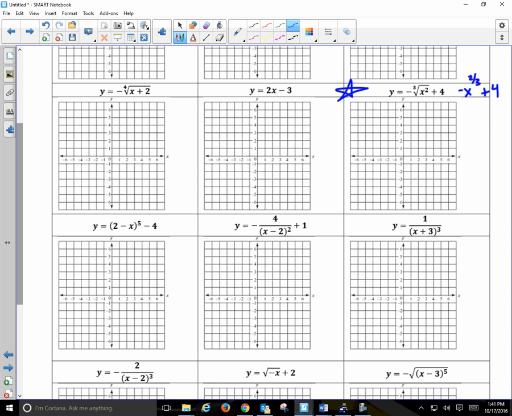The bird. Okay. We go up 4. It's upside down, right? Domain. Looks like all real numbers. And range, -infinity to 4.